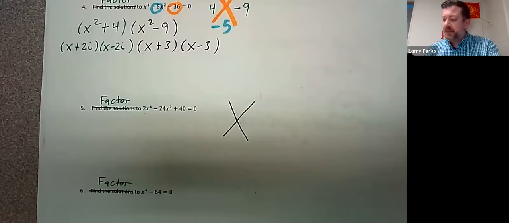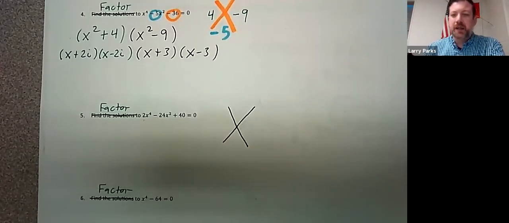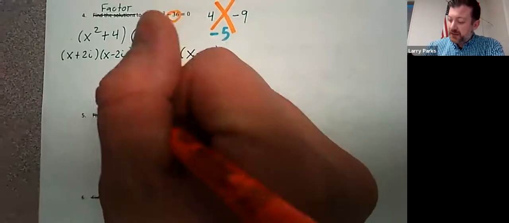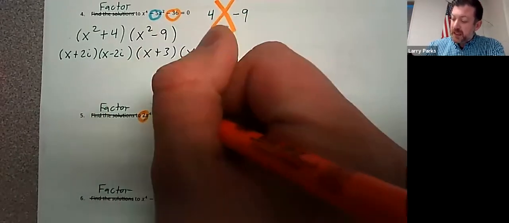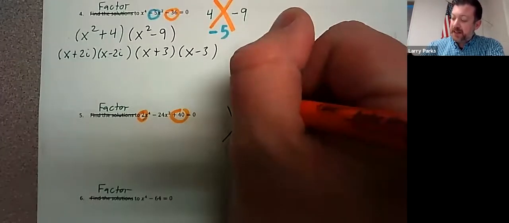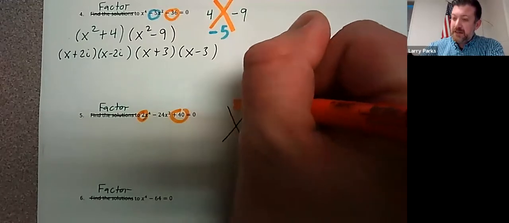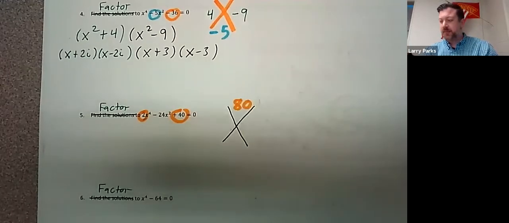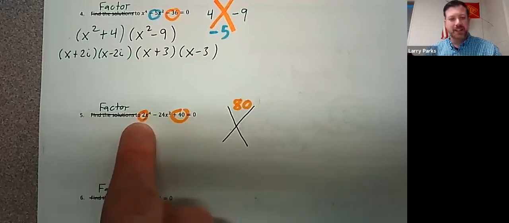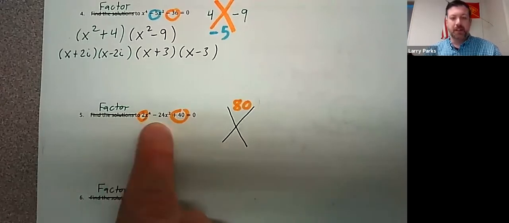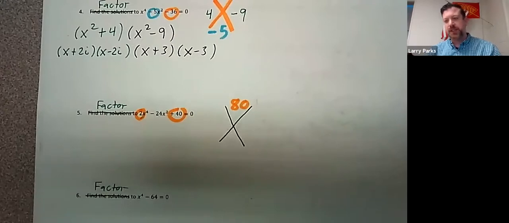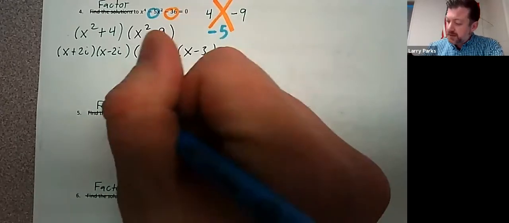So because there is a number out front, I would take 2 times my 40, and I get 80. That goes on top. Now we didn't do that on the other ones because it was a 1. I then put the negative 24 on the bottom like I did before.